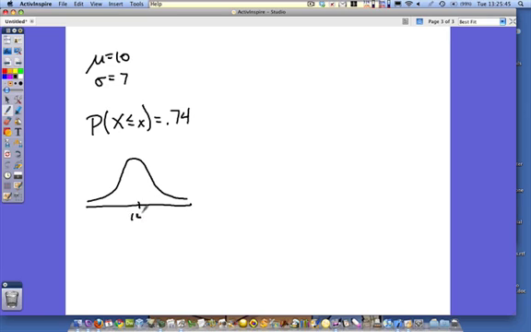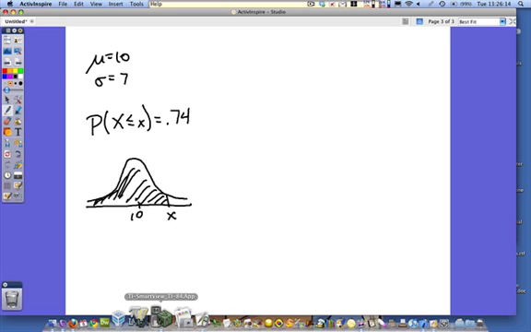If the mean is at 10, and the probability that our random variable is less than or equal to some value of x is 74%, it means x has to be on this side. What we're looking for is that area. In order to make that area 0.74, the x has to be to the right of the mean.